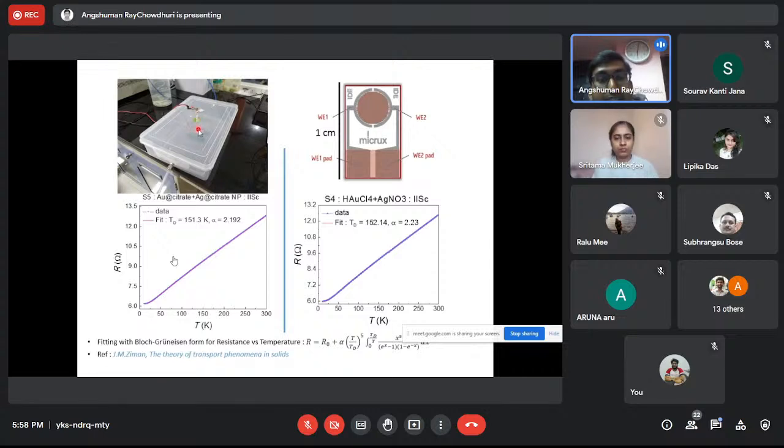In the capillary, the gold and silver salt ions are there, and this whole setup is incorporated in a plastic box, because then we can easily neglect the ambient atmosphere, the moisture and all. So we are spraying inside the box, and we are also keeping the interdigitated electrode inside the box, and the spray is happening on that.